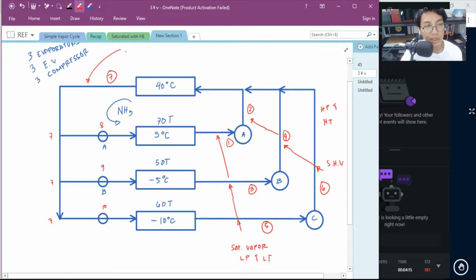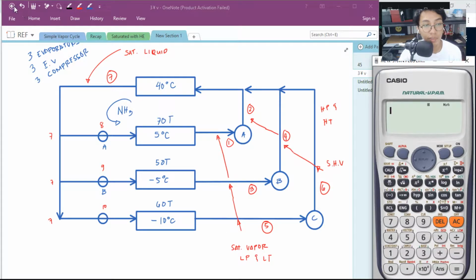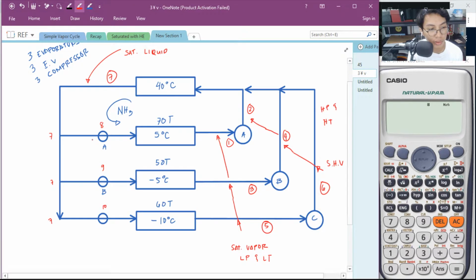So the refrigerant is a saturated liquid. Yan, saturated liquid ang refrigerant mo. And here, sa mga points na ito, and in here, the refrigerant is a wet mixture.